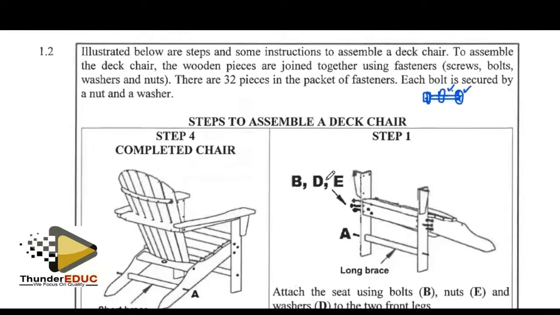Remember, they told us there are 32 pieces in the packet for fasteners, which include screws, bolts, washers, and nuts. In only one packet we have 32 pieces.